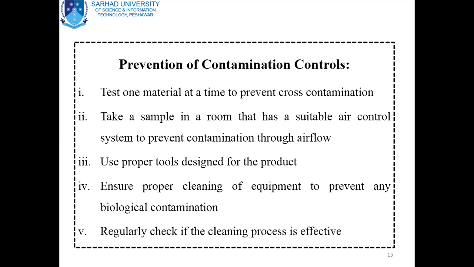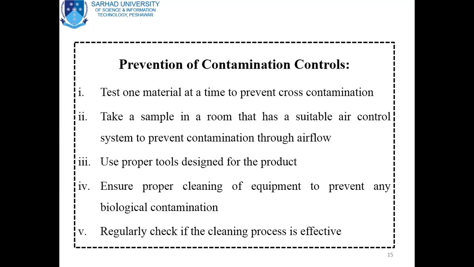If we are processing different materials at the same time, mixing one ingredient and at the same time mixing a second ingredient in the same area, then there will be chances of cross contamination.